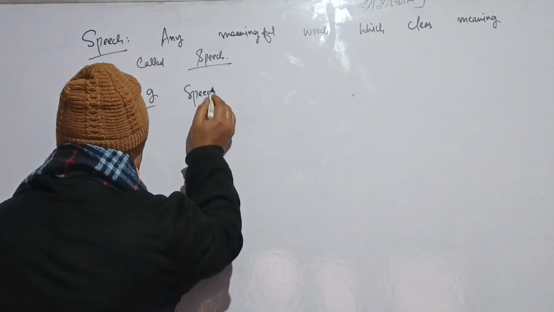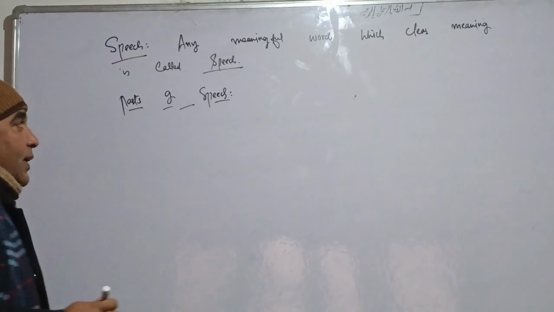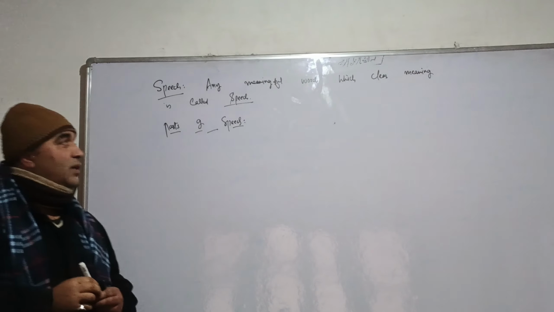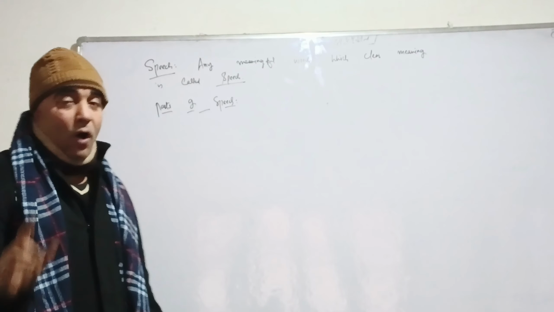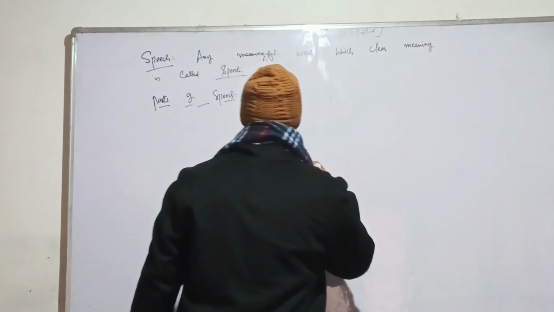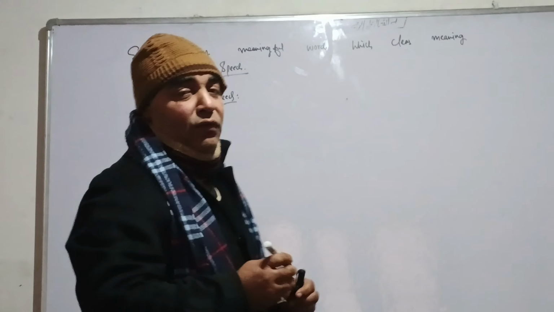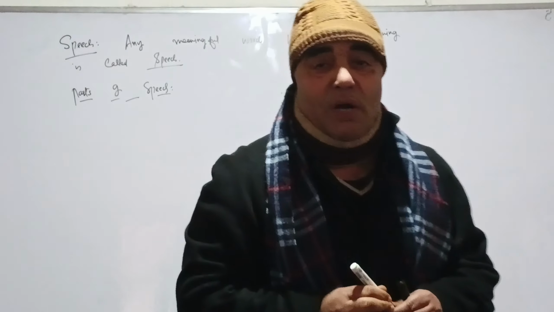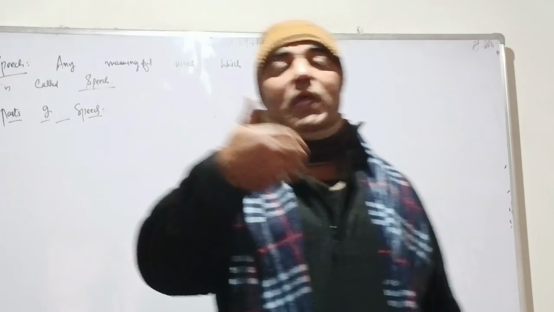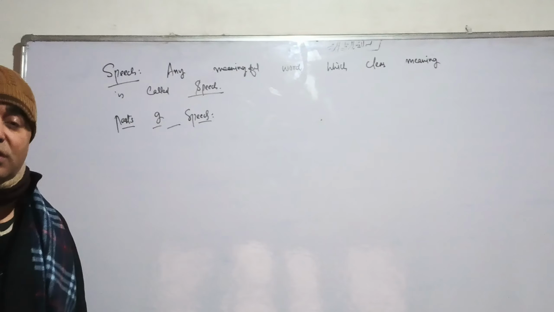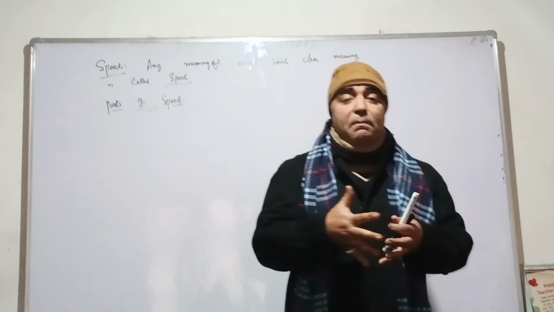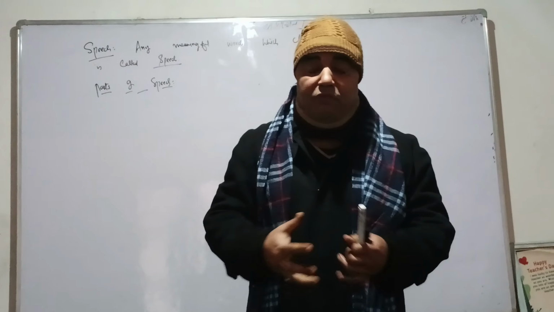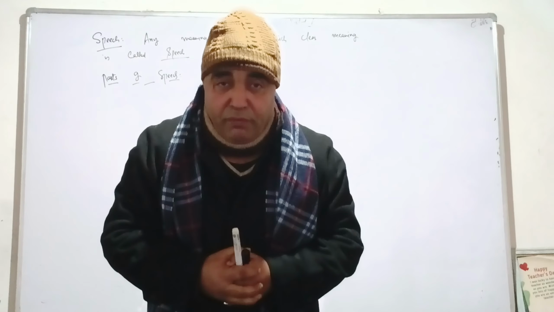I already told you that any meaningful word which has clear meaning is called speech, or it can be defined as any meaningful word which we utter through our mouth is known as speech. Now, what do you mean by the parts of speech? I must tell you here that there are millions and millions of words in the English language.